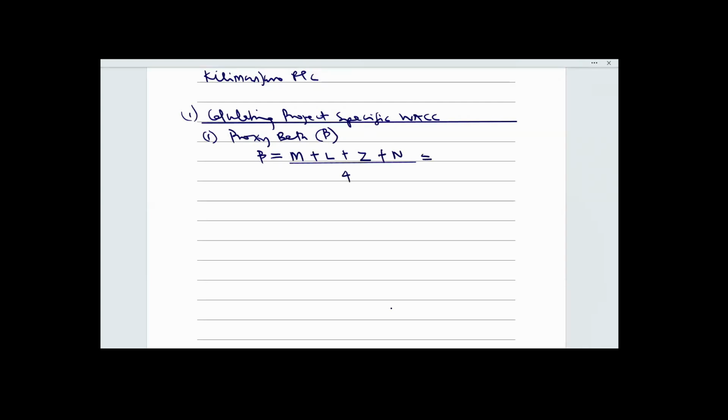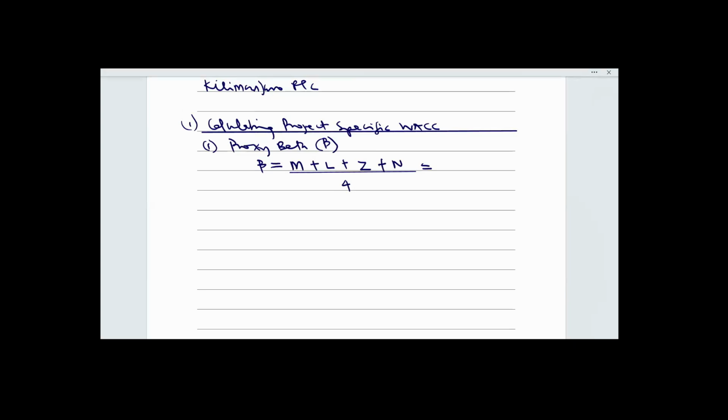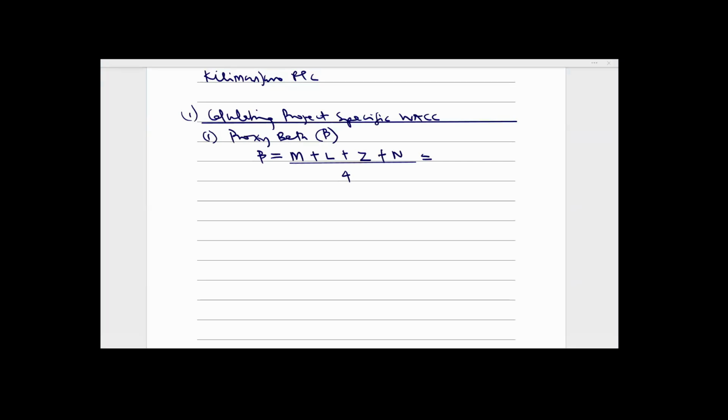What's the beta of Mississippi? According to the question, 1.10.